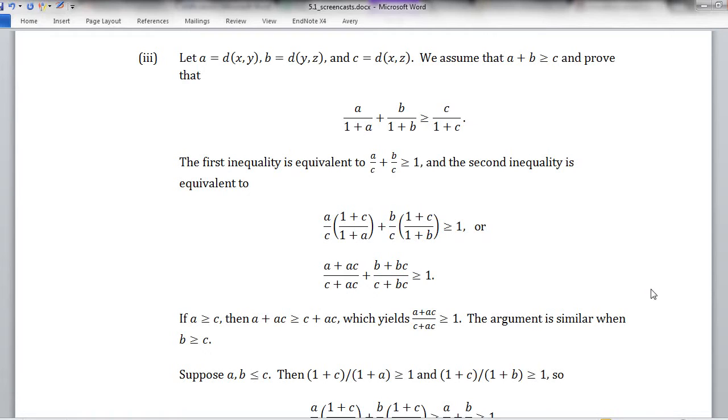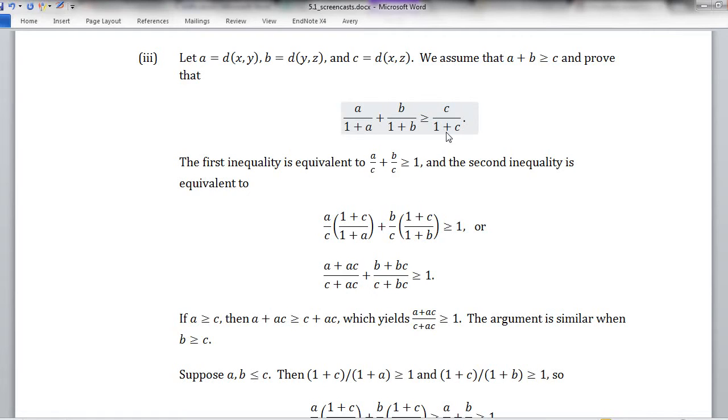Let's see. The first inequality, if you divide both sides by c, and I guess you can do that because c is greater than or equal to 0, and if it's 0, then this is 0 and we're done, since this inequality has to be true. So suppose c is non-zero, and then we can divide both sides by it, and we get this. So we can assume that this is true. The second inequality is equivalent to, this time I want to multiply both sides by (1 plus c) over c.